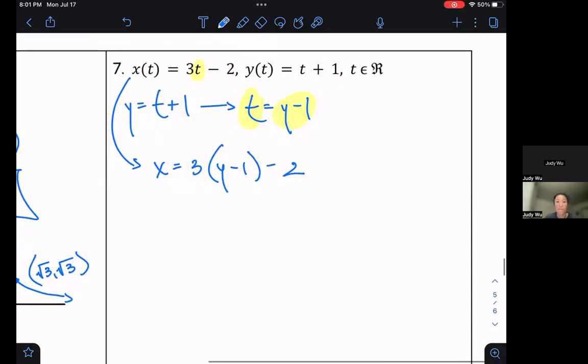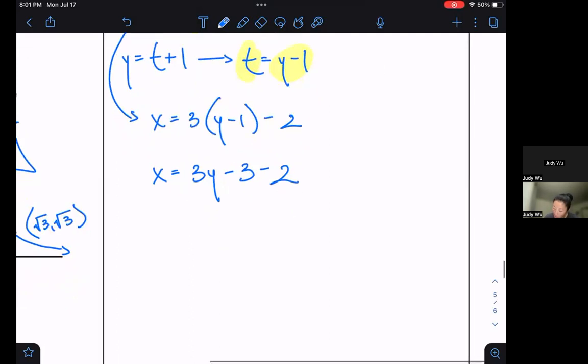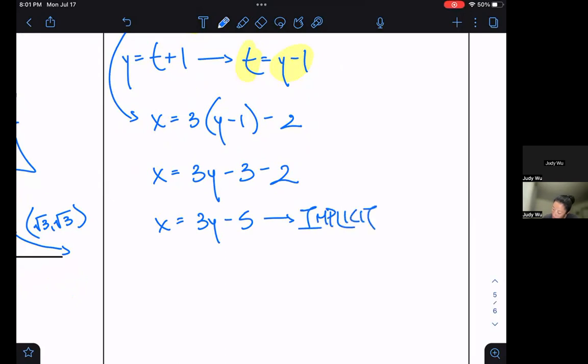x equals 3 times y minus 1, minus 2. All right, I'm going to distribute. x equals 3y minus 3 minus 2. x equals 3y minus 5. Now, this is something that we might call an implicit solution.